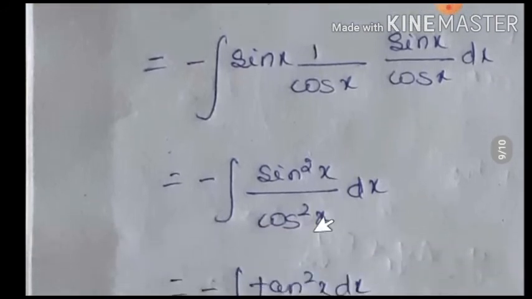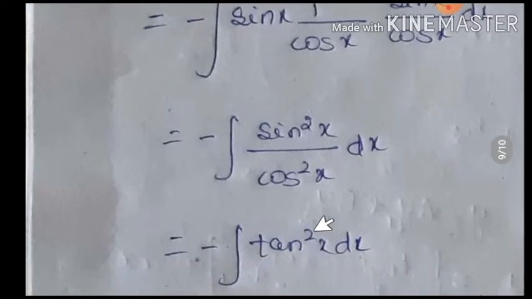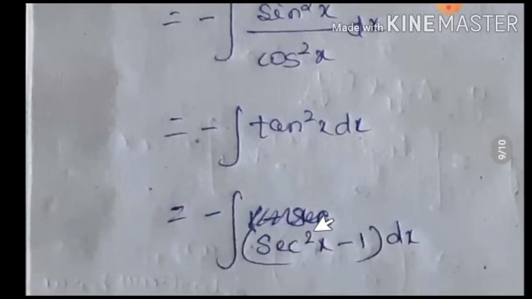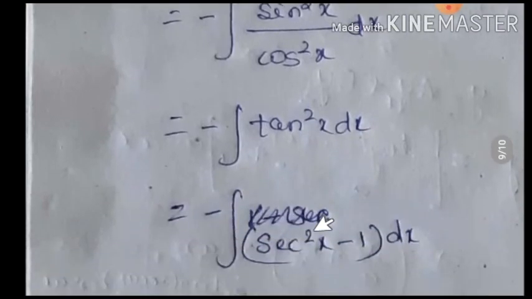And we know sin by cos is nothing but tan. So we get tan square. We have a direct trigonometric formula for tan x, not for tan square. So we need to simplify further, where I can get a direct integral formula.